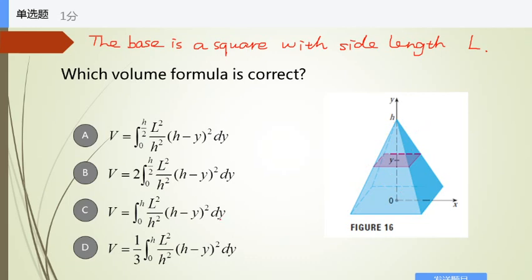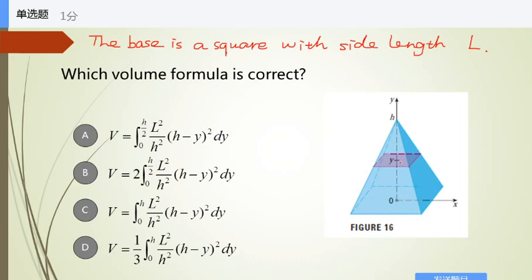From all those options, you will notice that we were using y, okay? So it's obvious you can do the lower limit from 0 to h if you place your pyramid in this way.